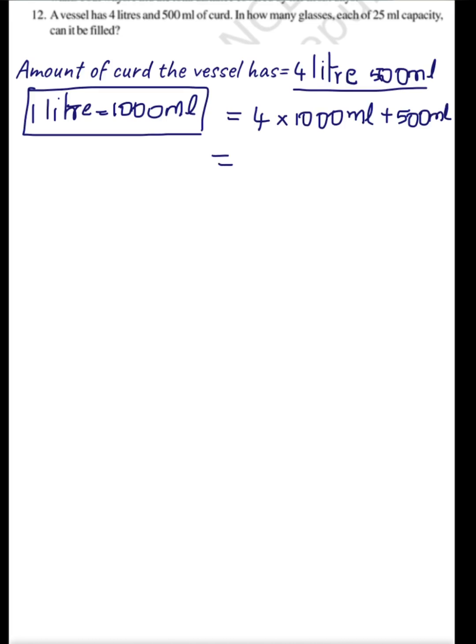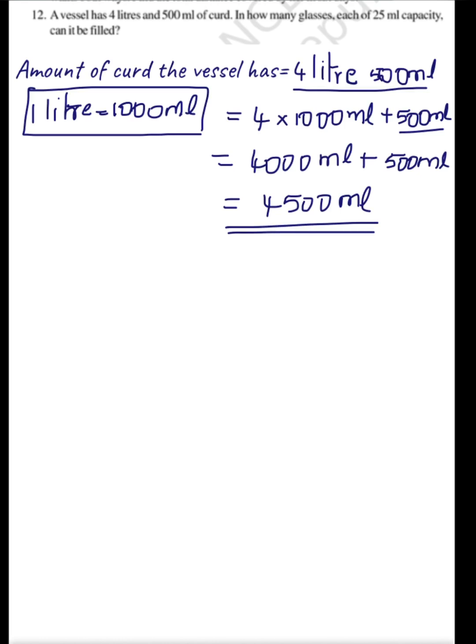Now, what is 4 into 1000? That is 4000 milliliter plus this 500 ml. Now, what is 4000 plus 500? It's 4500 ml. Okay. So you got this converted to milliliter. So the amount of curd the vessel has is equal to 4500 ml.